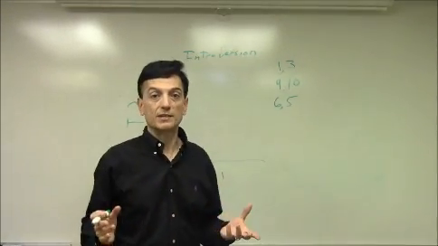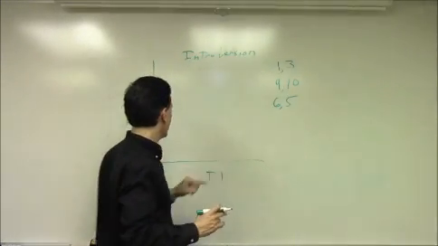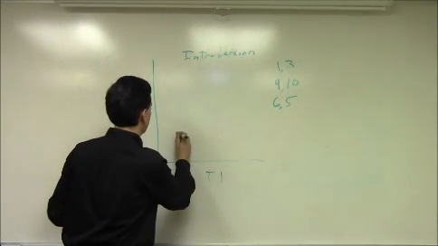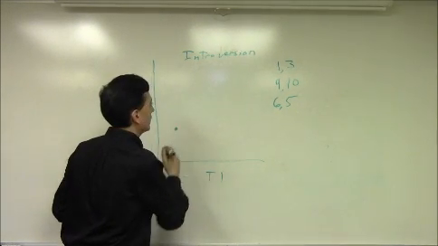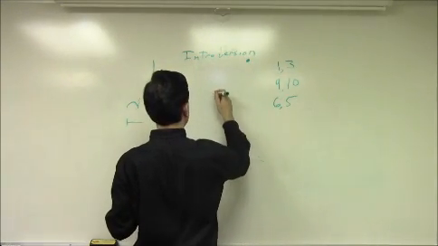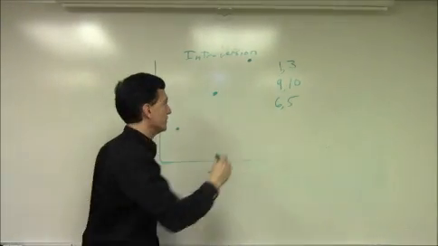So what we can do is construct a scatter plot based on these observations. So if we take the 1 and the 3 at time 1 and time 2, that's going to be something like here-ish. Okay? 9 and 10 is going to be way up in this corner. 5 and 6 is going to be a little bit more intermediate. And you can imagine that we can fill in more and more of these.